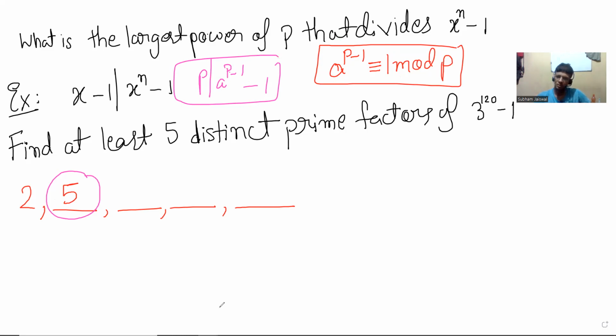And so that gives you 5 as a prime factor. Does it? Let's see. Think. But how? Yeah, that gives 5 a chance, but you have to explain. That's another way you could approach. So what powers of 3 end in 1? That's another thing you can think.